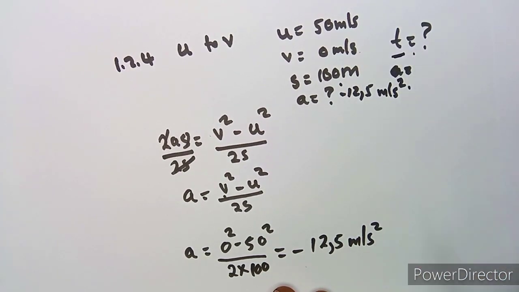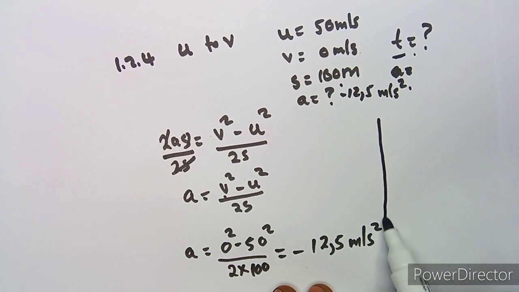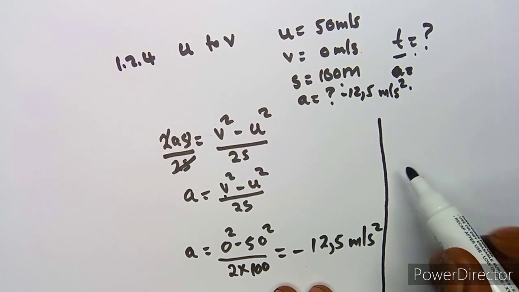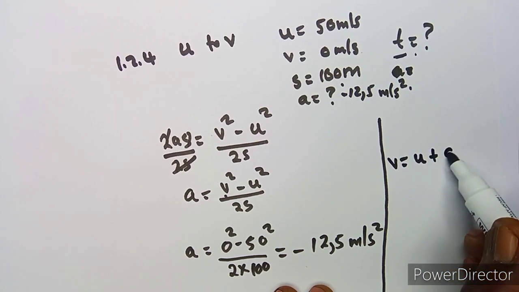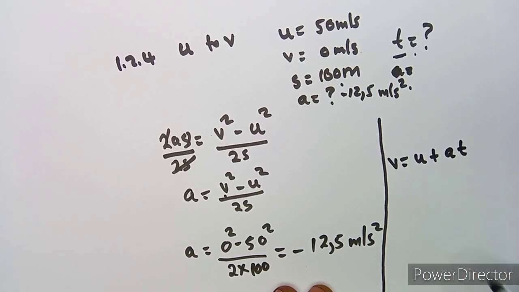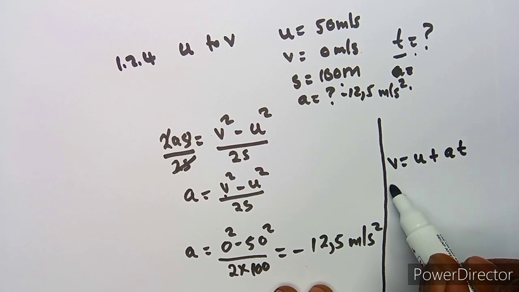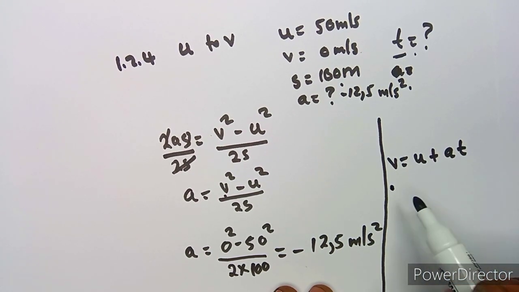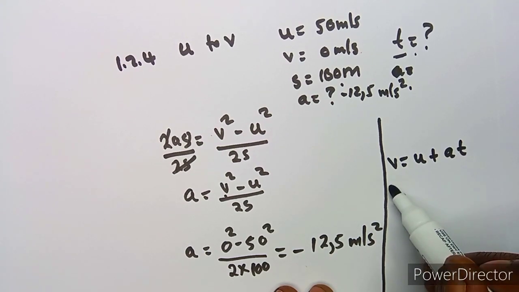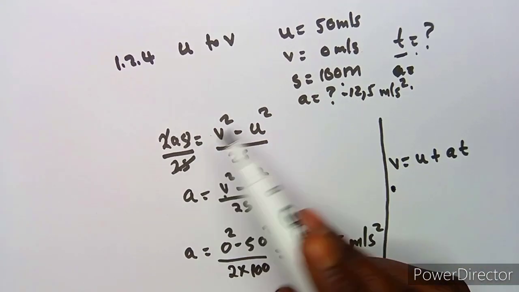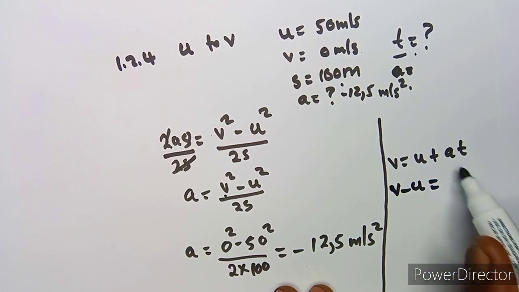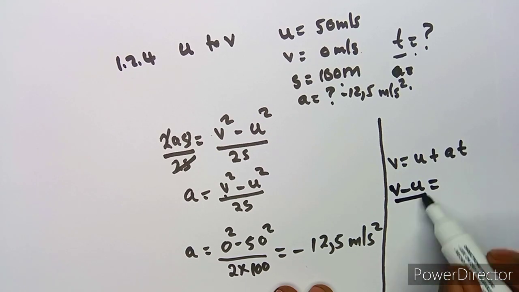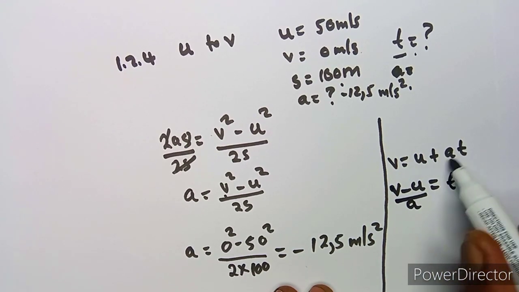So therefore we can find our t. Remember the formula that I showed you, v is equal to u plus at. Let us make t the subject here, because we want to calculate the time between u and v. So v minus u is equal to at. Divide by a on both sides, and you are left with t.